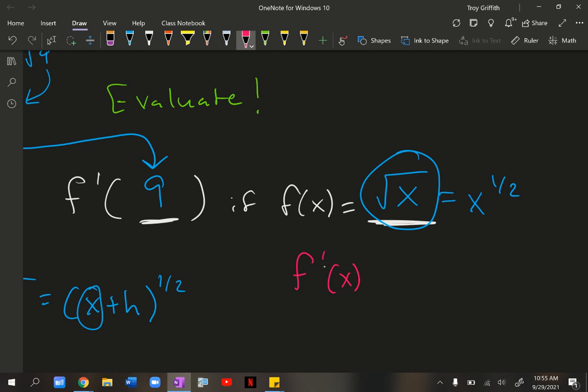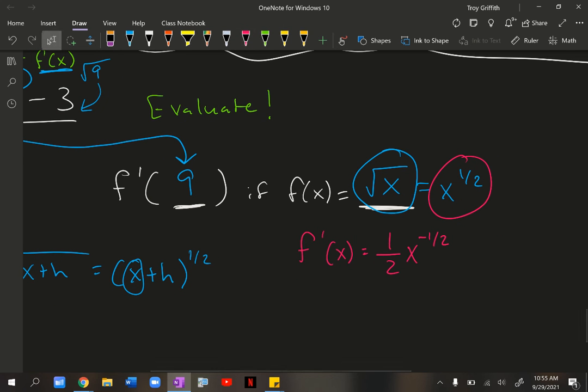If I want to find f prime of x, and the original function is x to the 1/2, I would multiply the 1/2 to the front, subtract 1 from the exponent, I get 1/2 times x to the negative 1/2. And then when I'm done right here, I can move this to the bottom, write this as 1 over 2 times x to the 1/2, which is 1 over 2 times the square root of x.